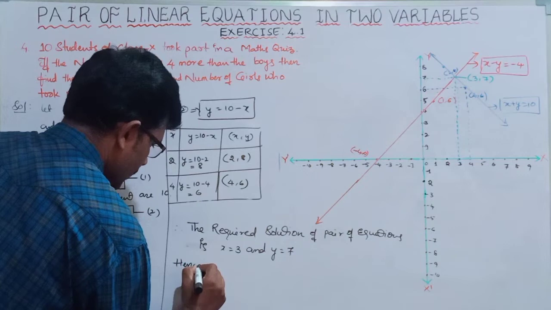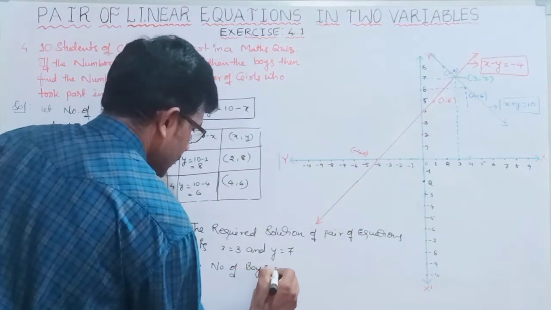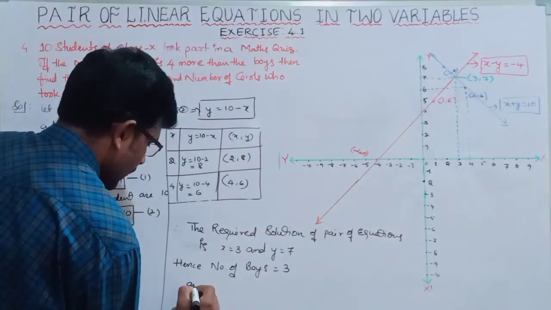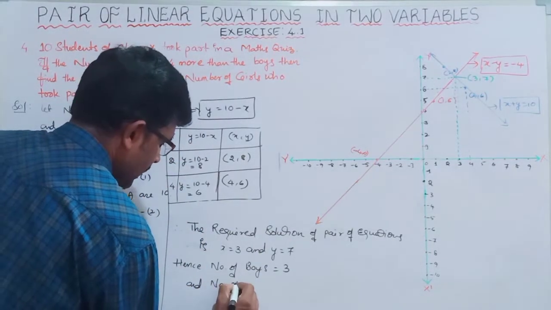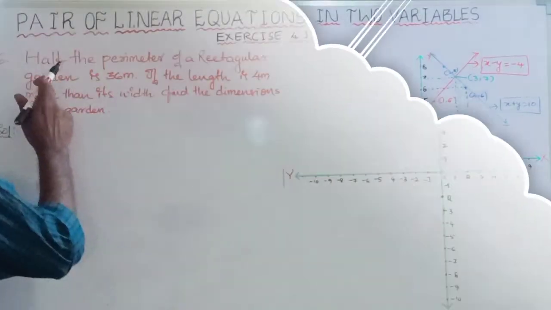Hence, the number of boys is 3 and the number of girls is 7.